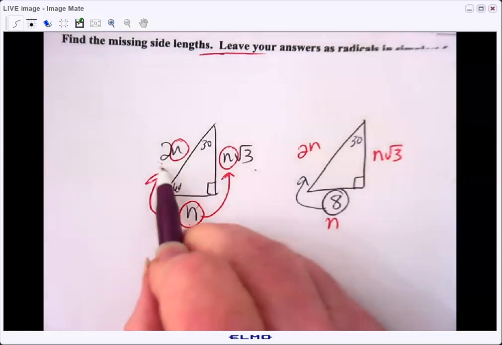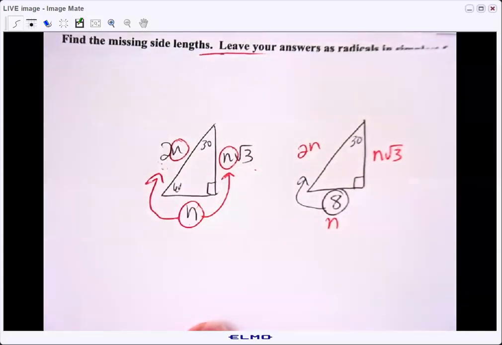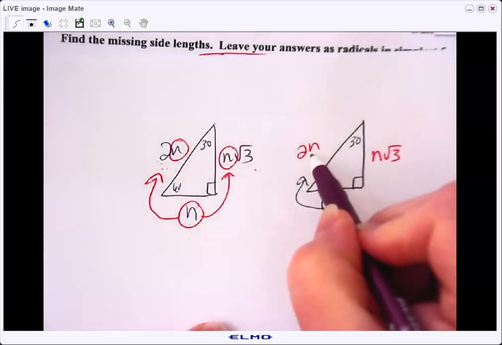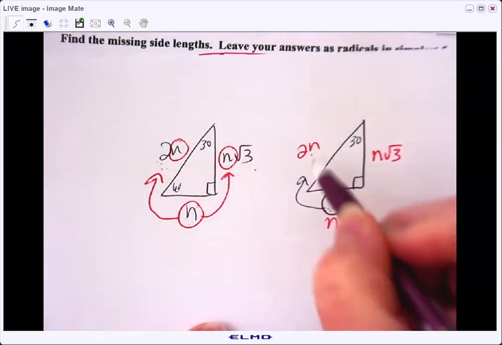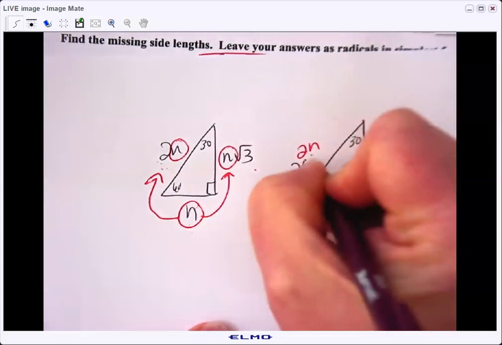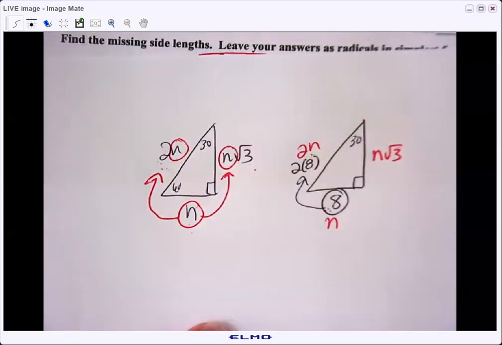What did we just say we were going to do to it over here? Okay. If I substitute it in for n, I have 2 times 8. What is that?